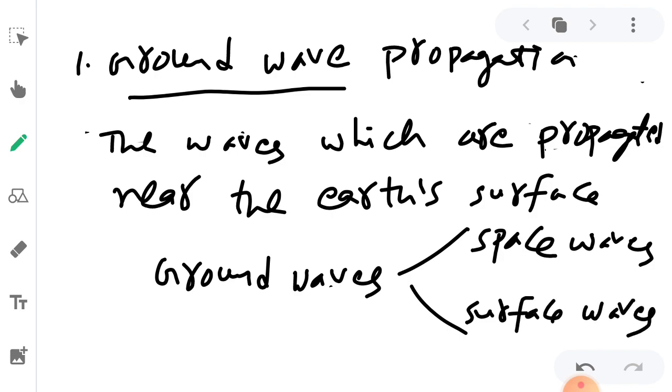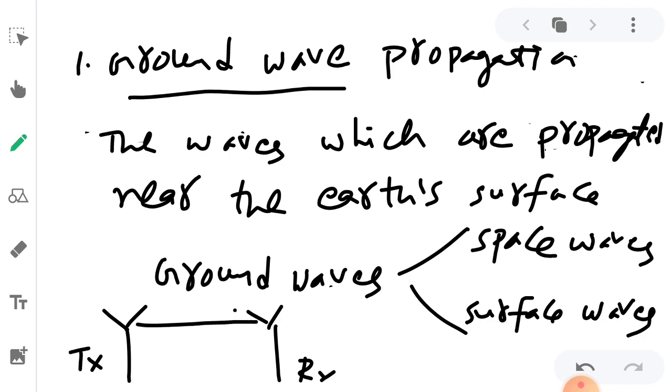Space waves and surface waves are the two types. If the signal comes directly from the transmitter antenna to the receiver antenna on the earth's surface, it is called a space wave or direct wave.